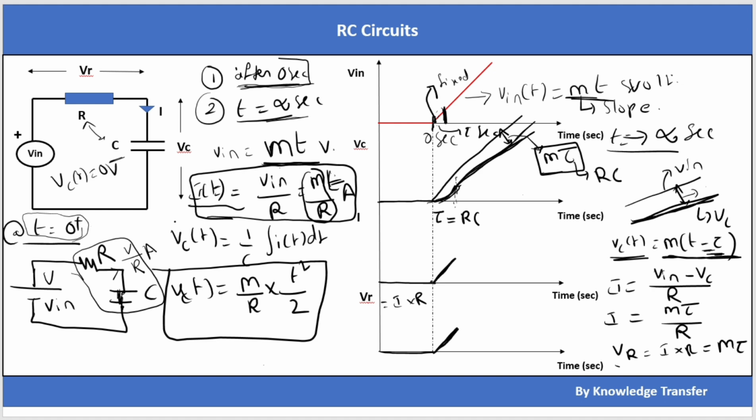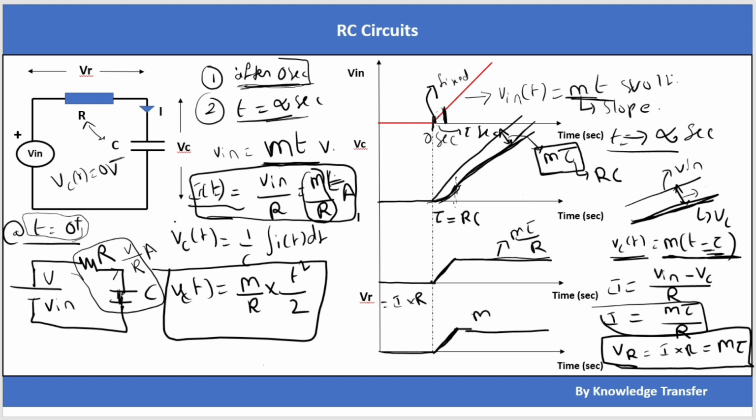So after t equal to infinity, a fixed current is flowing through the circuit. After some time this VR will be constant, and the current flowing through the circuit is constant, which will be m into tau divided by R, and VR will be m into tau.